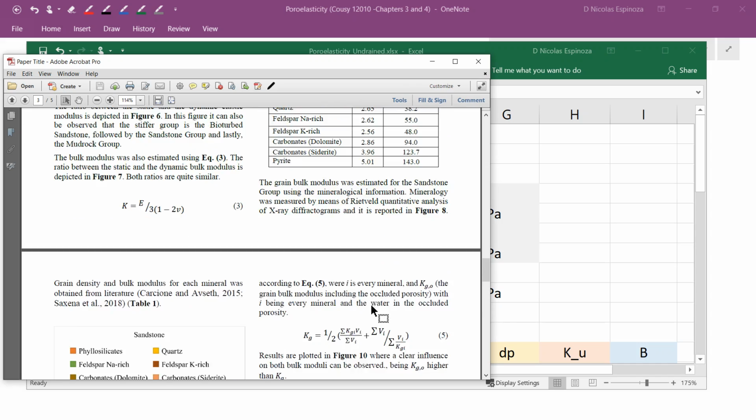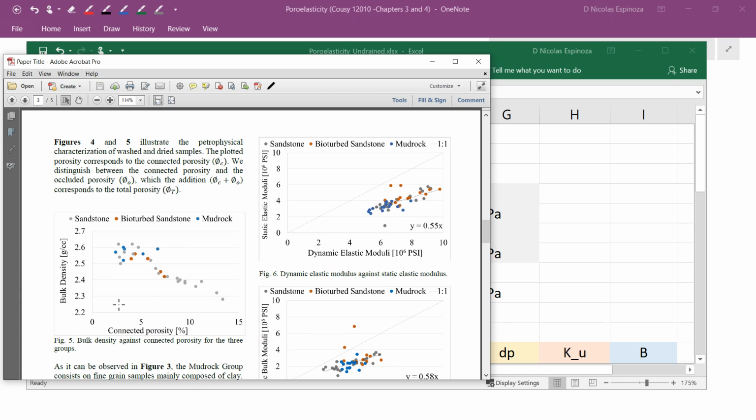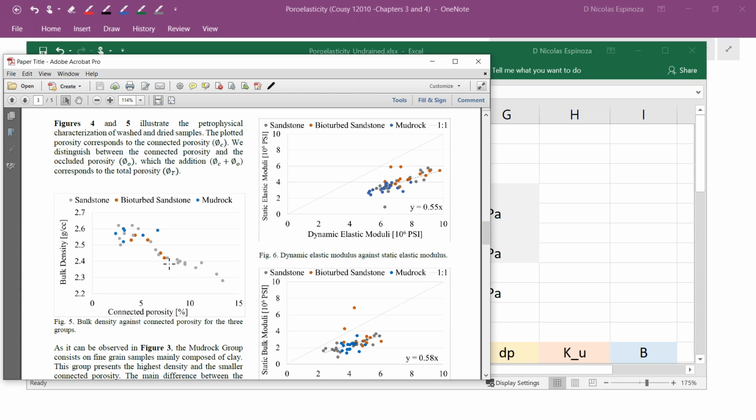So here we have a study of a tight sandstone in which you can see the bulk density as a function of porosity. And here I have taken one with about 5% porosity, for which we measured static modulus and Poisson ratio, and also dynamic modulus and Poisson ratio.